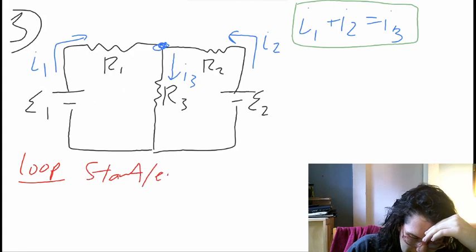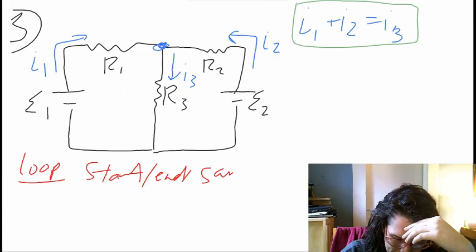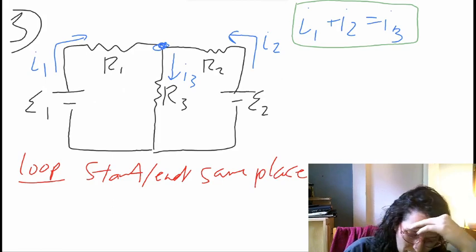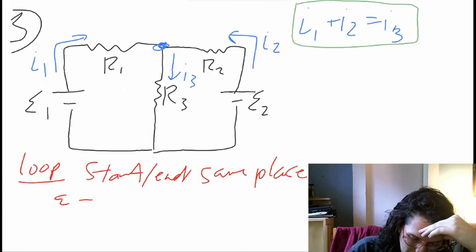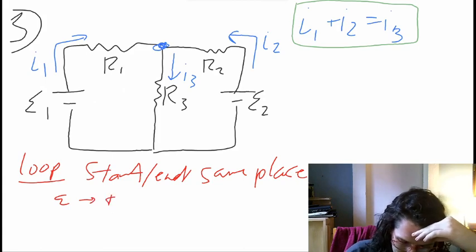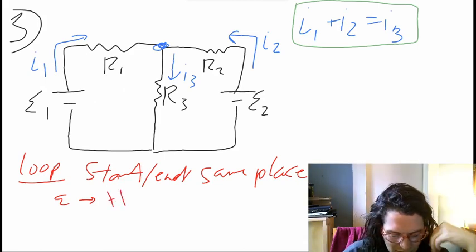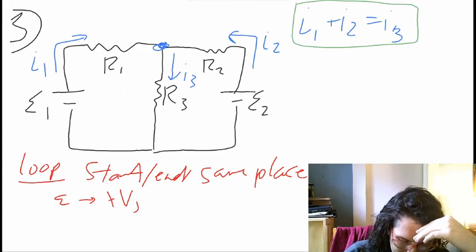That's one rule. And then the other rule is for batteries, I'm going to put EMFs. We add voltage when we're going from negative terminal to positive terminal.